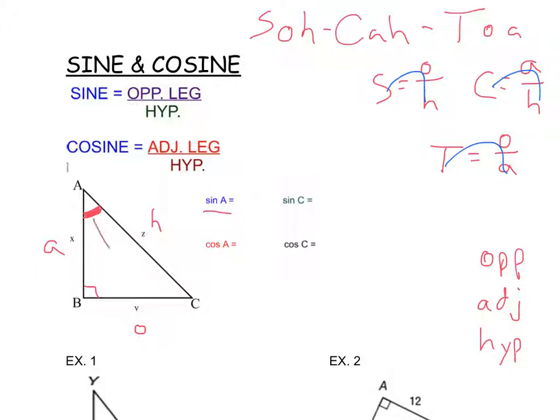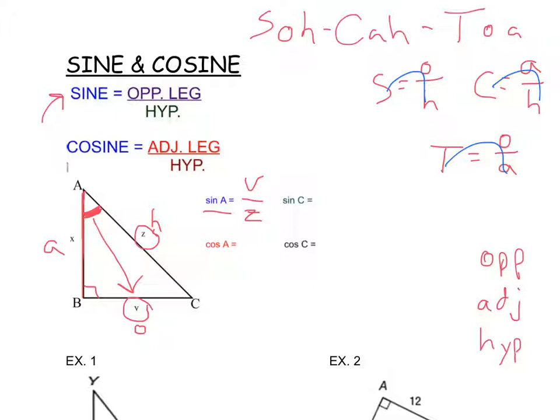It's opposite because it's opposite angle A, and it's adjacent because it's adjacent to angle A. It makes up angle A. So if we're looking for the sine ratio, we're looking for the opposite, V, over the hypotenuse, Z. And that's my sine ratio for angle A.